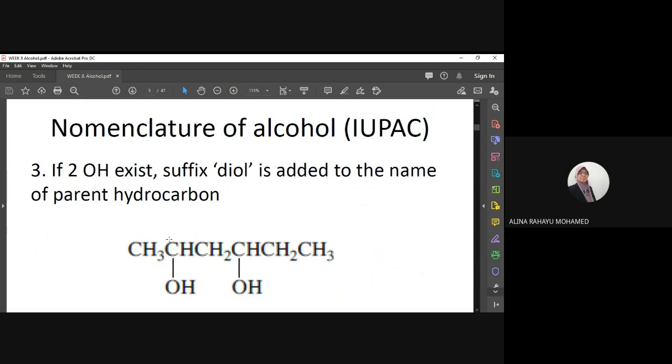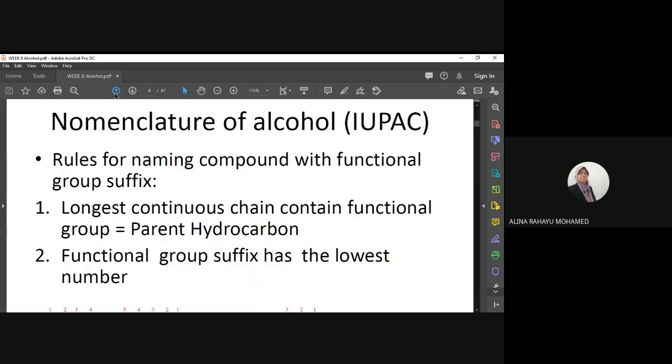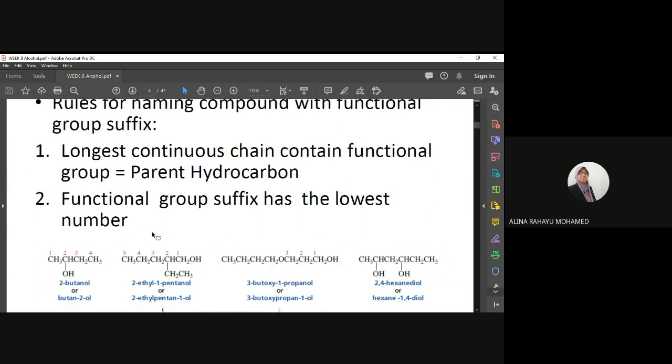For example, here we have 1, 2, 3, 4, 5, 6. 6 is hexane, and at carbon number 2 we have 1 OH, and at carbon number 4 we have another OH. So this is called 2,4-hexanediol.